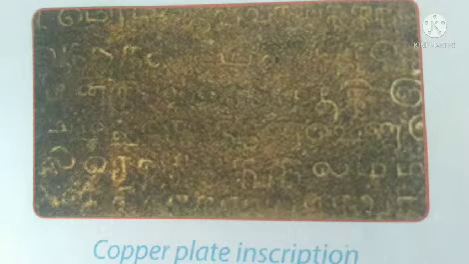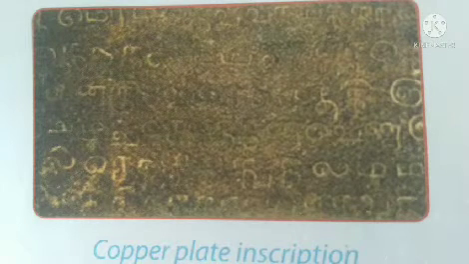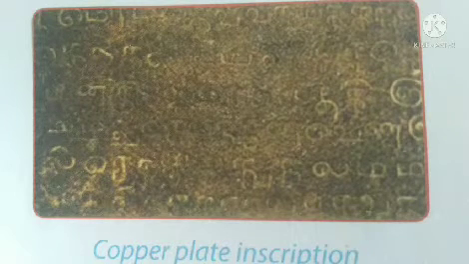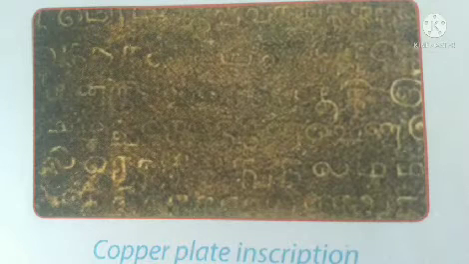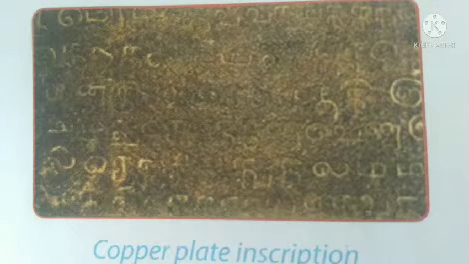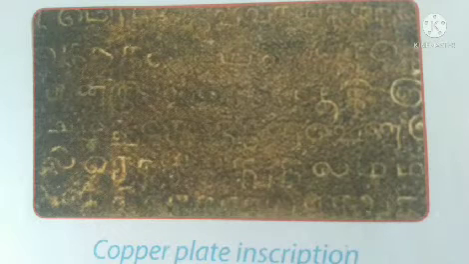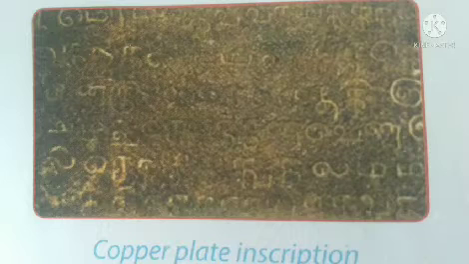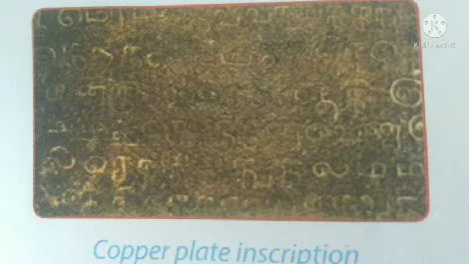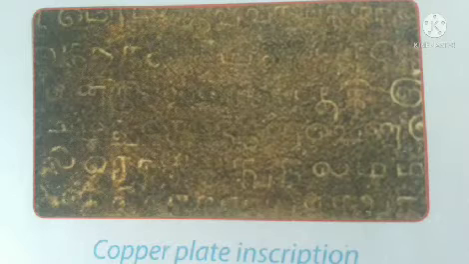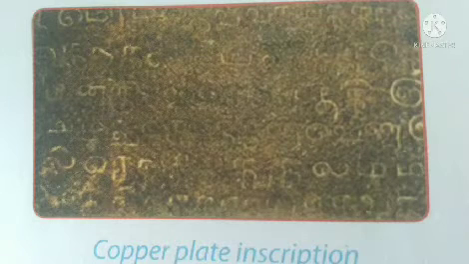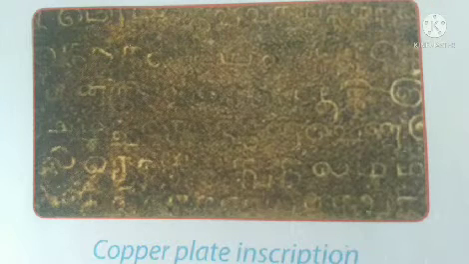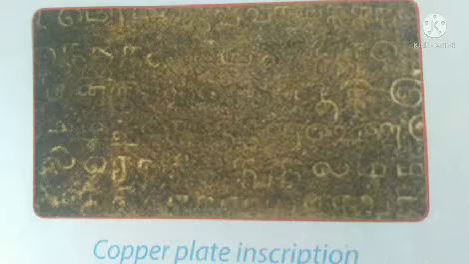Inscriptions. Inscriptions are written records found on pillars, rocks, caves, and copper plates. The earliest inscriptions are found on the Harappan seals. The writing on these inscriptions has not yet been decoded. Students, the earliest inscriptions that we find on pillars, rocks, caves, the writing on them is still not understood, so it has not yet been decoded.